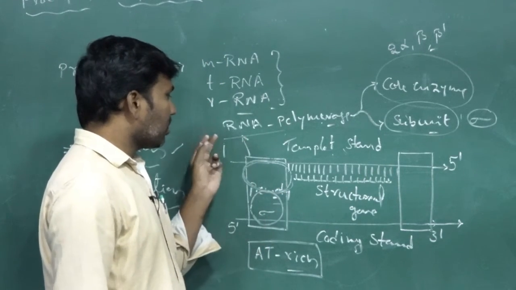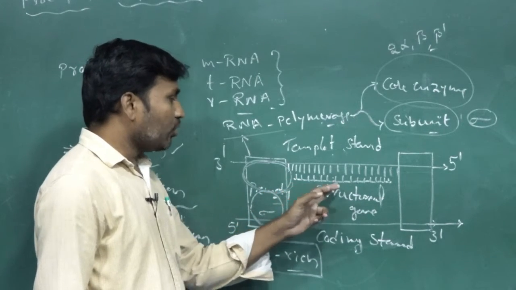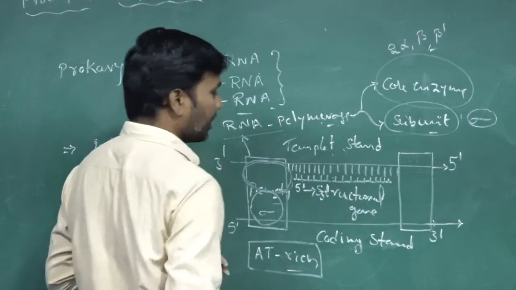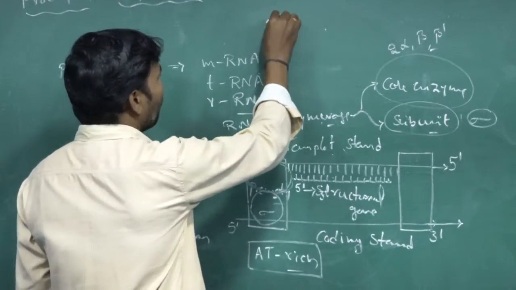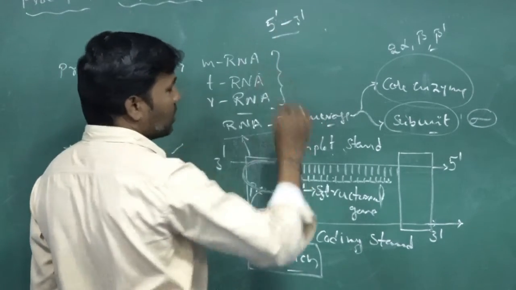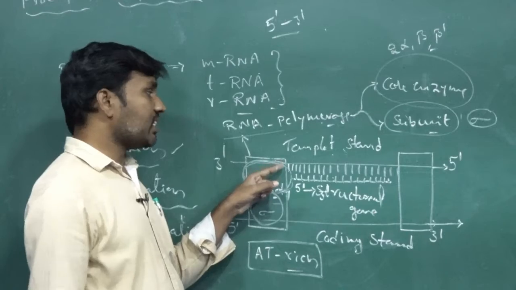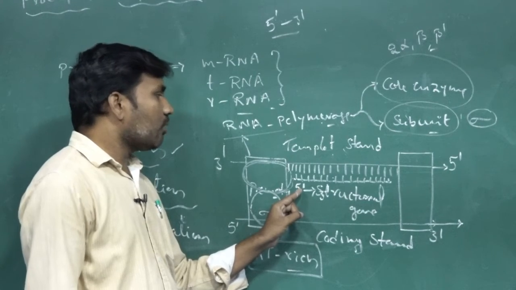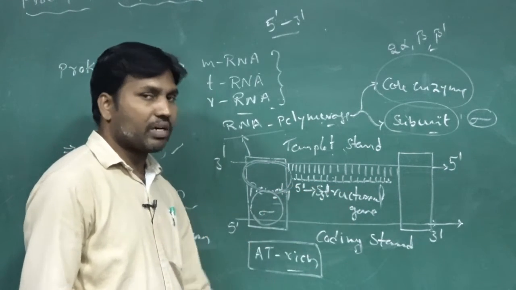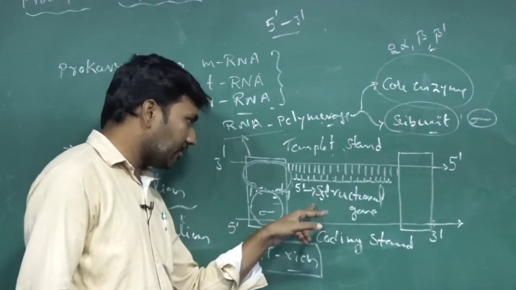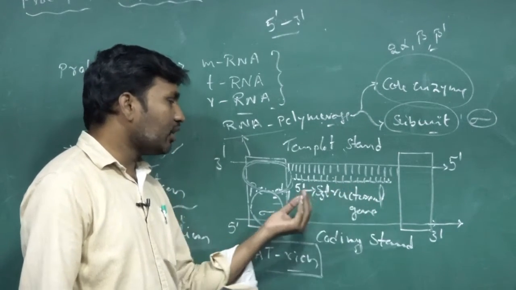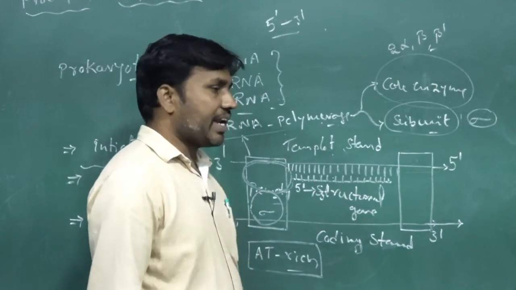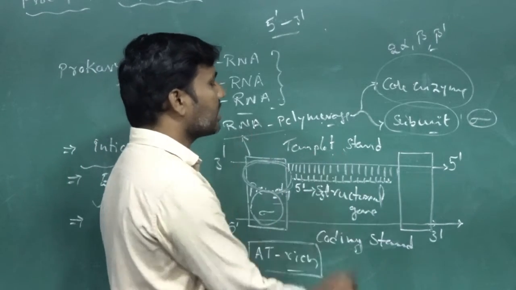Number of nucleotides are continually added. This occurs in the 5' to 3' direction. The RNA is synthesized in the 5' to 3' direction because the template strand has the polarity 3' to 5'. The new nucleotides are continuously added in the 5' to 3' direction. This process is called elongation.